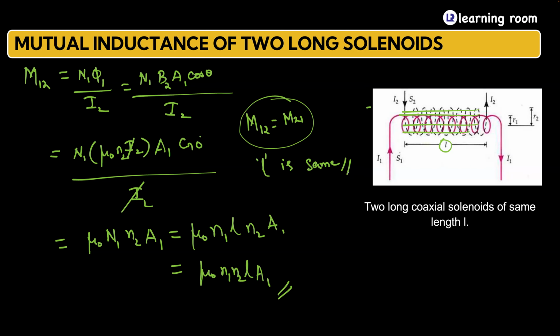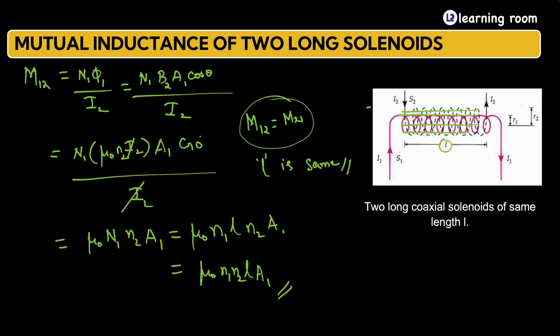Because the flux is decided by whom? If you look at that expression, M12, it is dependent on which two parameters? Flux, first N1 phi1, divided by I2. So it depends on total flux divided by the current. Correct? So here the flux that is associated itself is decided by whom?